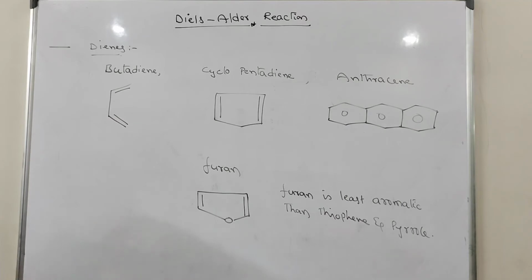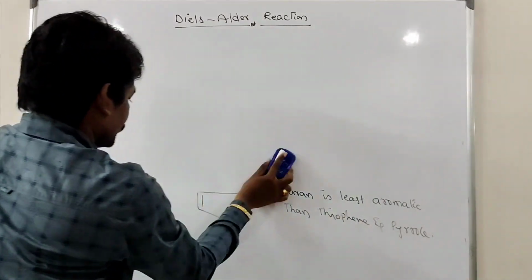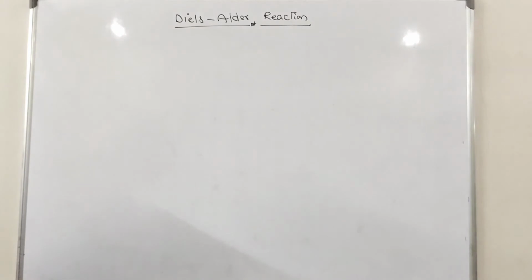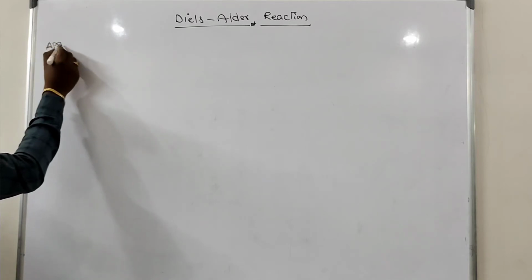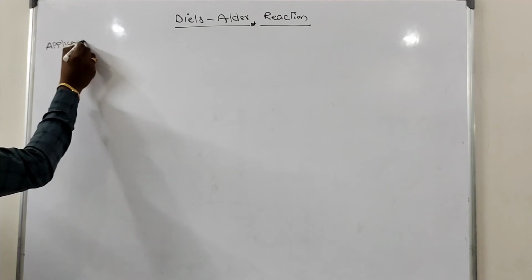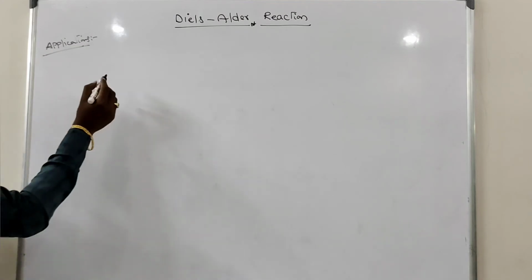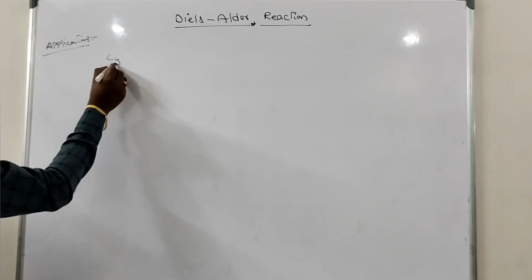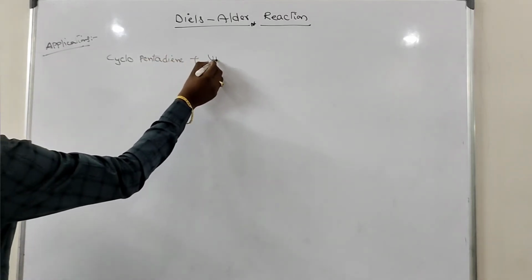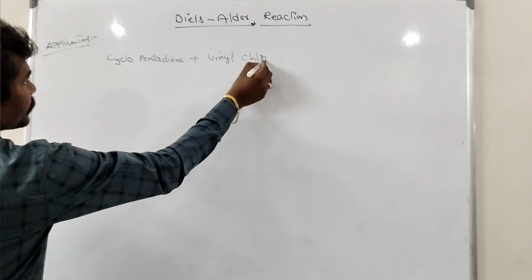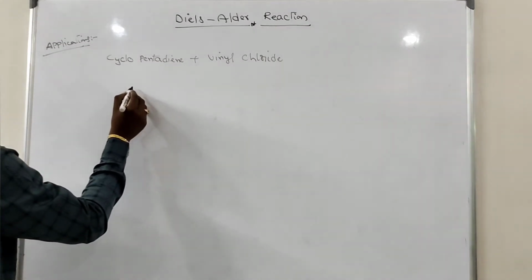Let us see some examples, applications. First application: cyclopentadiene plus vinyl chloride.